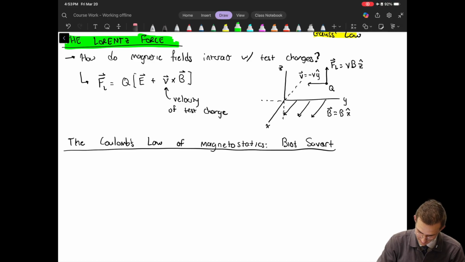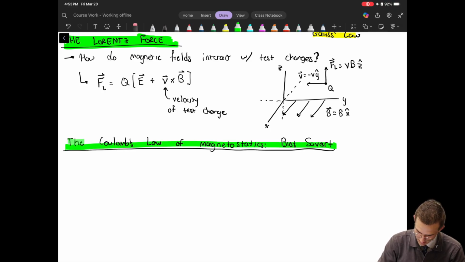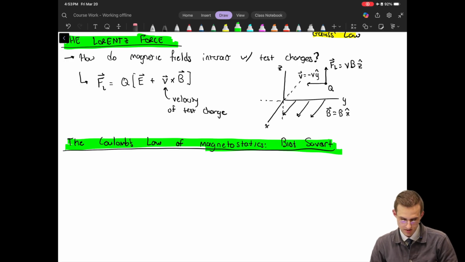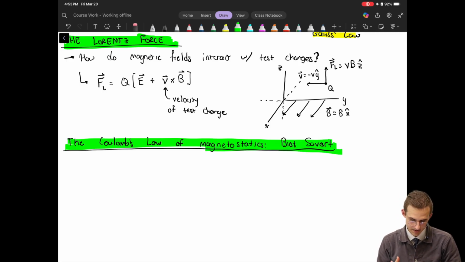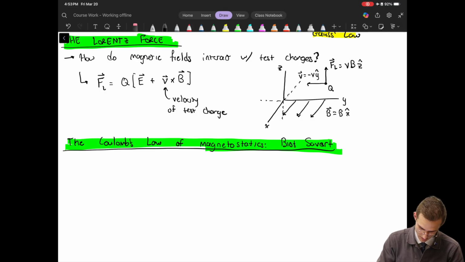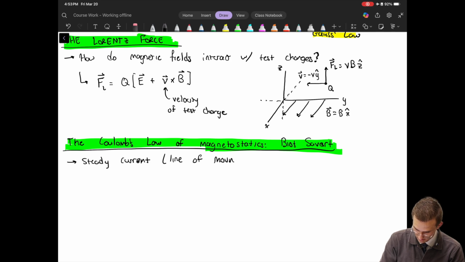Okay, and this guy is where you have just a steady current, which you can think of as just a line of moving charge.